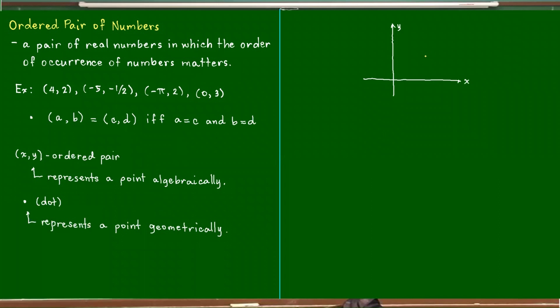Let's say I have a point here, represented by this dot. A point can be named by a capital letter, let's say P, and then making use of an ordered pair, (x, y). So that's our point.